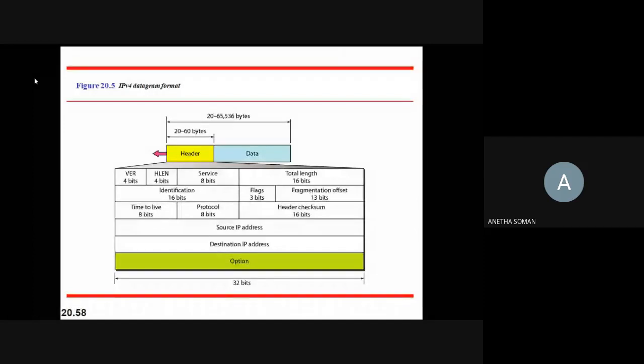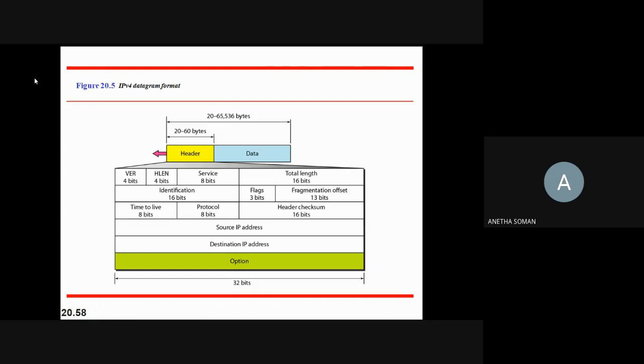You can have two parts in it: one is the header part and the other is the data part. So you can call it a variable length packet, which consists of two parts, the header part and the data part.